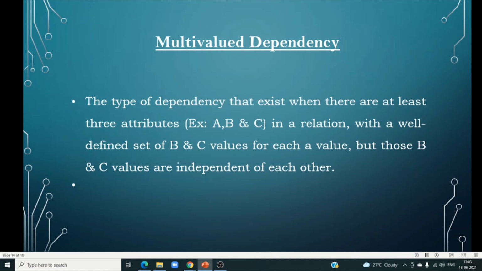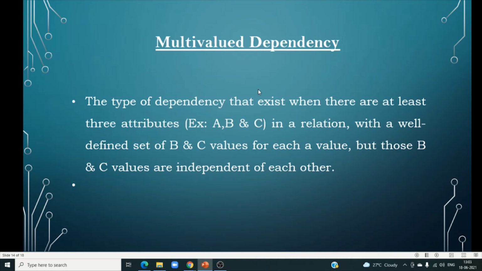Generally, when we are defining multi-values, we have to take a three-attribute relation. For example, take a table which consists of A, B, C as the columns or attributes, with a well-defined set of B and C values for each value of A. A is the key in A, B, C. In this, B and C both are multi-valued attributes, and A determines B as well as A determines C. But there is no relation between B and C; those B and C values are independent of each other.